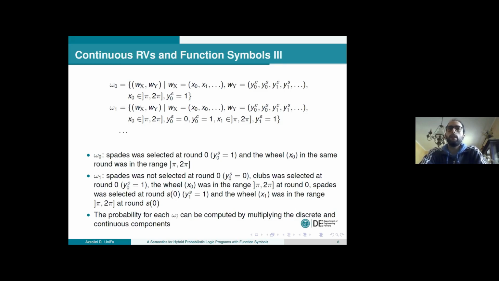Y0S this time is 0, so we do not select spades, but Y0C is equal to 1, so we select clubs. Then we move on to the second round, the round indexed by 1. X1 is in the range and Y1S is equal to 1. And similarly for the other omegas.